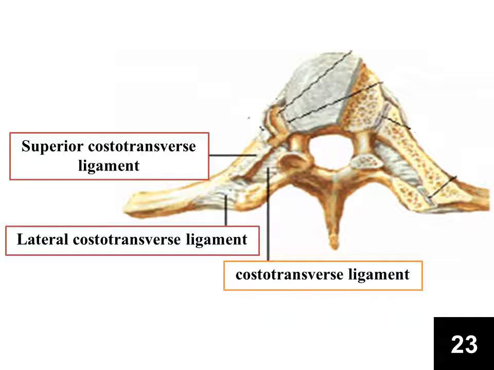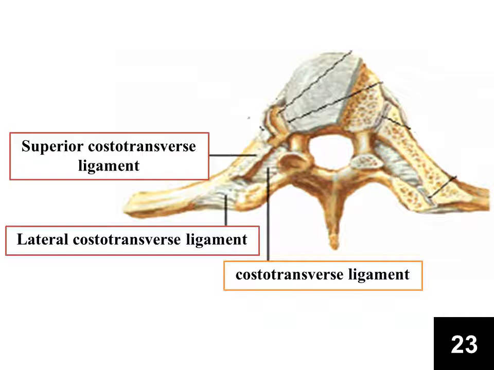This picture is a superior view. You can see the superior costotransverse ligament on top, which goes, as we said, from the superior surface of the neck of the rib to the lower aspect of the transverse process of the vertebra above. Now the second one is the lateral costotransverse ligament, marked below, which lies lateral to the joint.